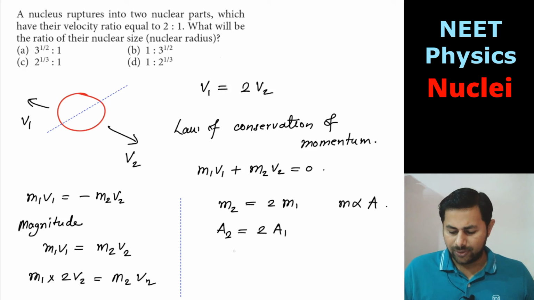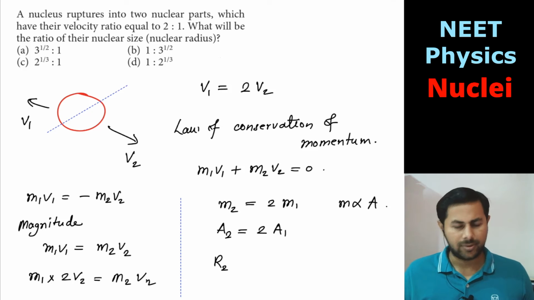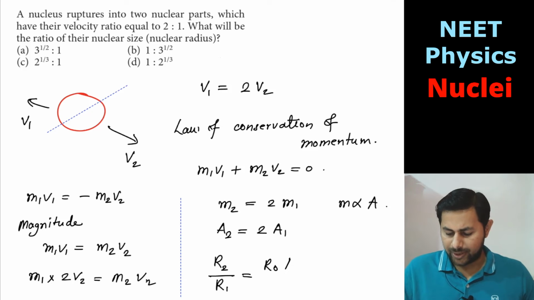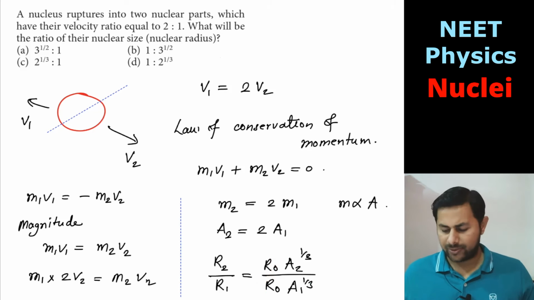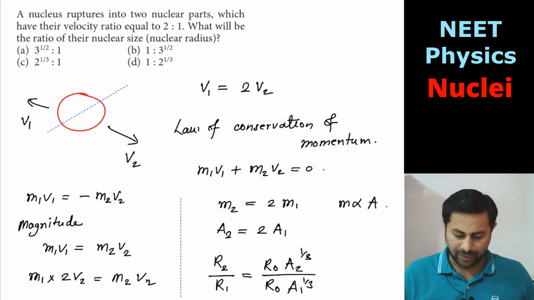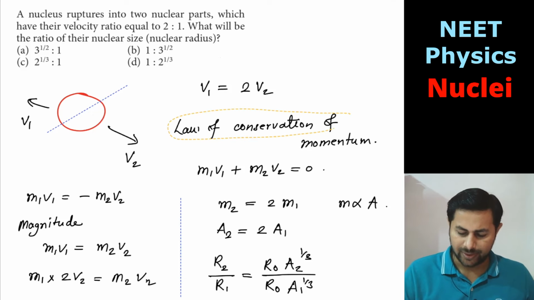So if you want the ratio of R2 to R1, it would be equal to R0 A2 raised to 1 by 3 divided by R0 A1 raised to 1 by 3, and R0 gets cancelled, right? Or we can directly write it as A2 by A1 raised to 1 by 3.